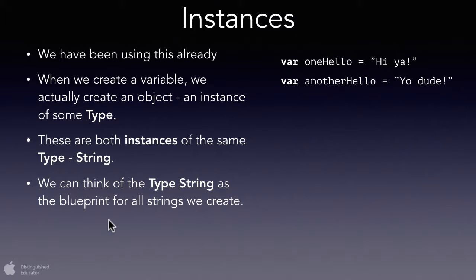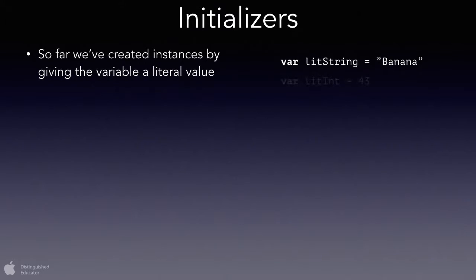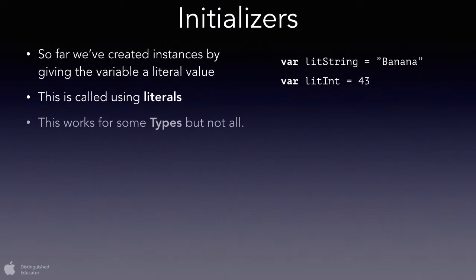Another thing we have to talk about in this case is initializers. So far, we've created instances by giving the variable a literal value like this. So this is one string where we put banana into it, and there we have an integer, and both of them are so-called literals. This works for some types, but not all.